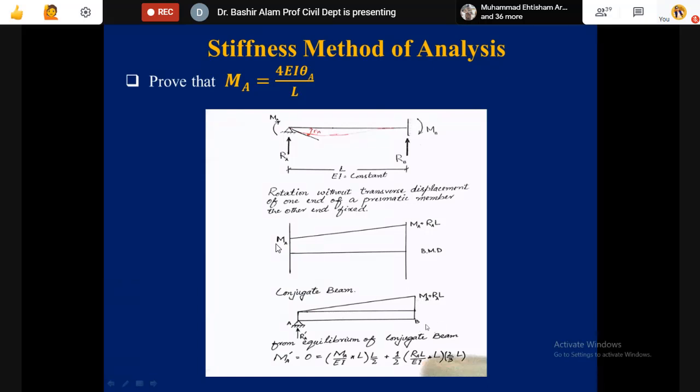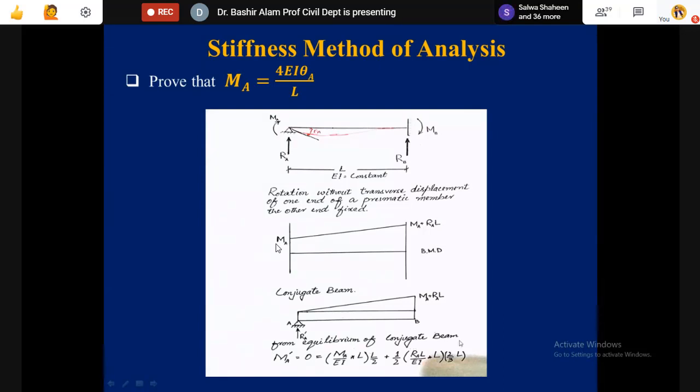Now we don't have any support here, fixed to free. And this is now loaded with the M over EI diagram, from here MA, and here it is MA plus RA times L. We divided this into a rectangle and a triangle because we will be calculating the support reactions and the moments also.